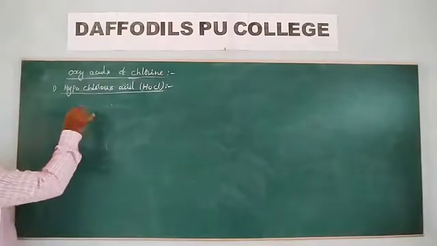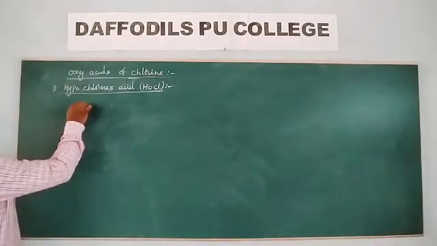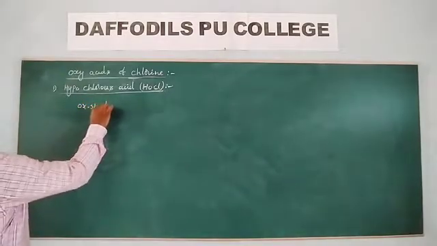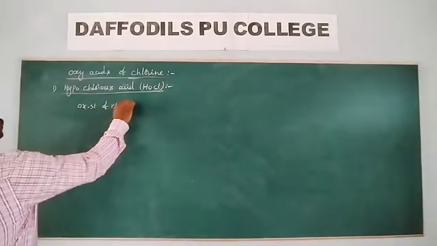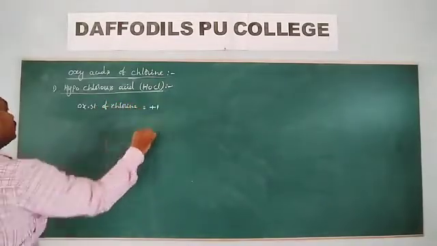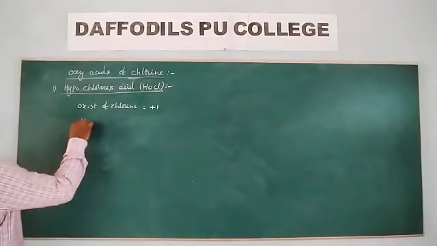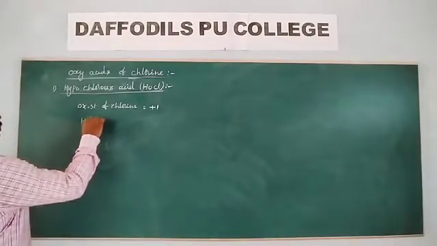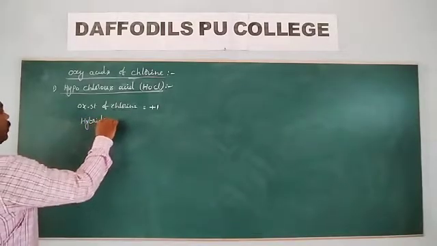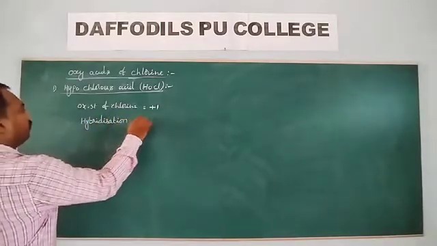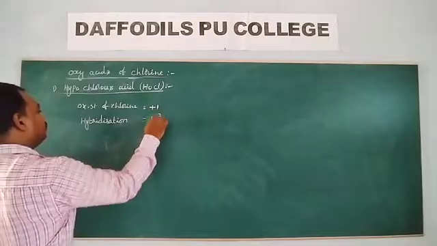So hypochlorous acid. The oxidation state of chlorine is +1. Hybridization: the hybridization of chlorine is sp3.